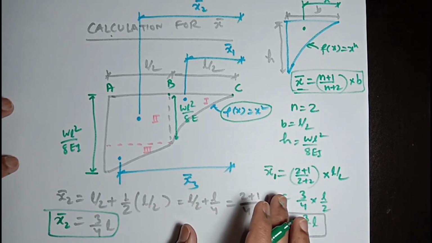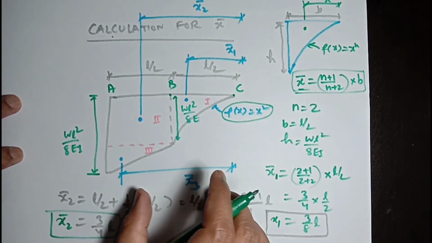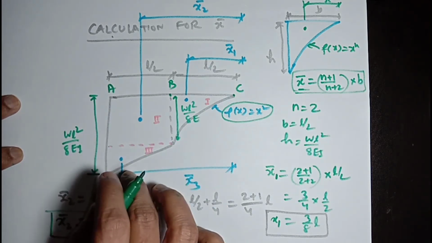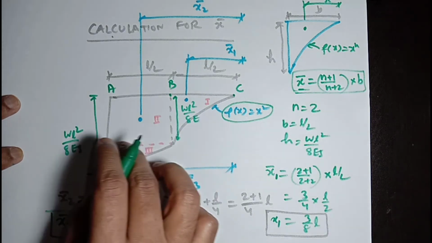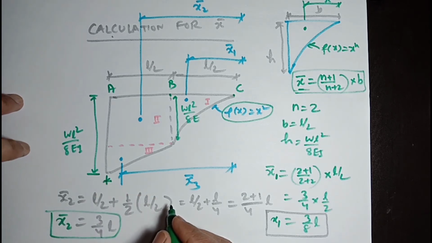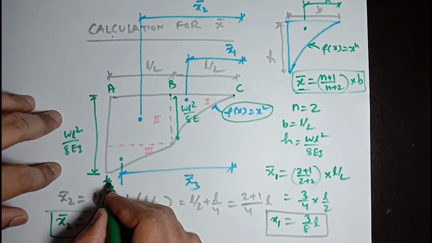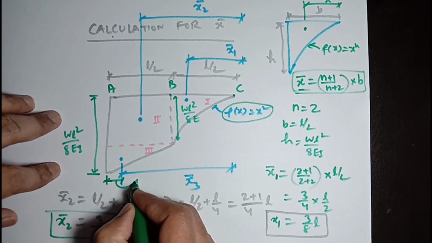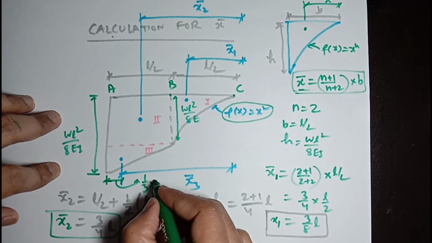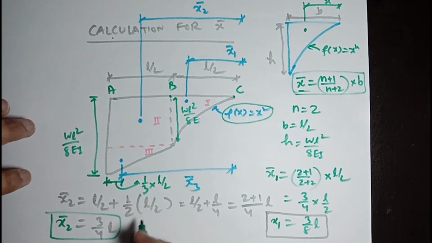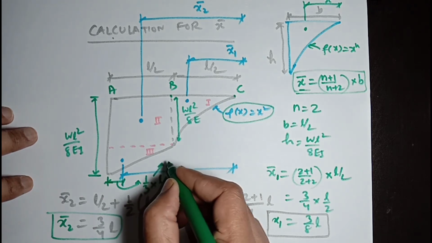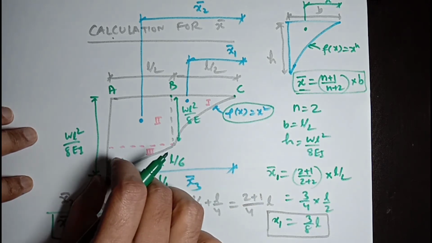Now x3 bar. Here this is a rectangle, this is a triangle, so the centroid of a triangle will be at 1/3 of this length L by 2, so this length will be L by 6.